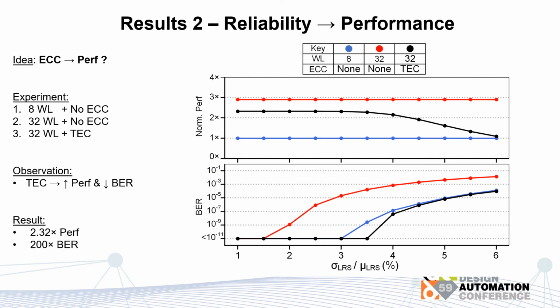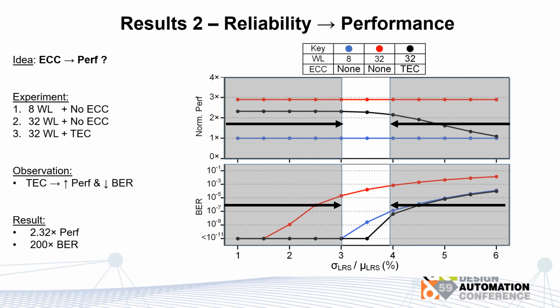From these simulations, we observe that enabling 32 word lines with triple error correction yields better performance and better bit error rate than running only 8 word lines without any ECC. At 3.5% device variation, we see a 2.32x improvement in performance and a 200x improvement in bit error rate.